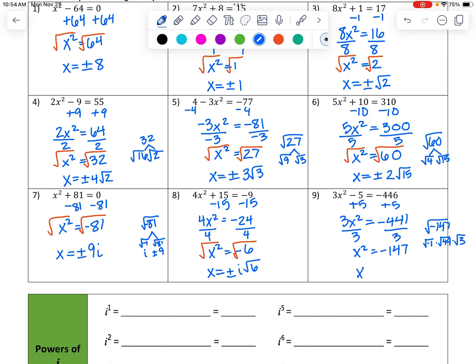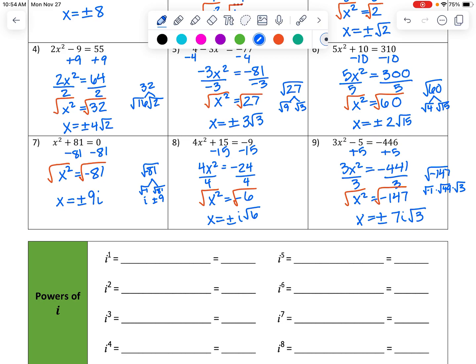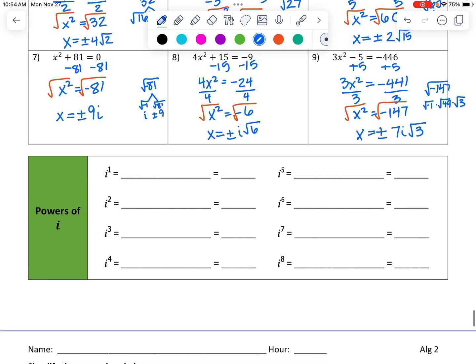So I know I'm going to have x is equal to plus or minus. The square root of 49 is 7. With that, square root of negative 1 is i, and the radical 3 will not simplify any farther. Okay, so really watch out for simplifying your radicals and simplifying a negative square root, and how you have to bring that i term in.